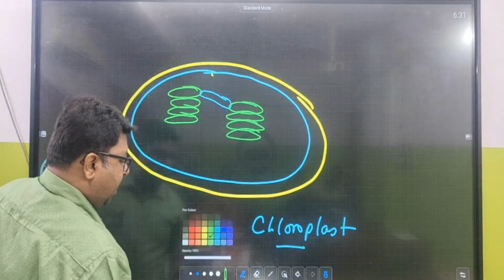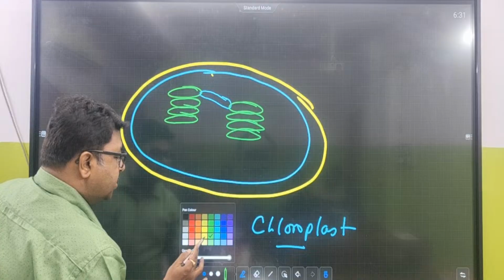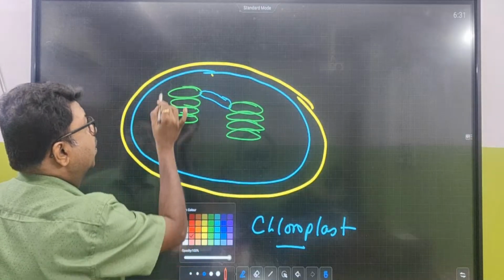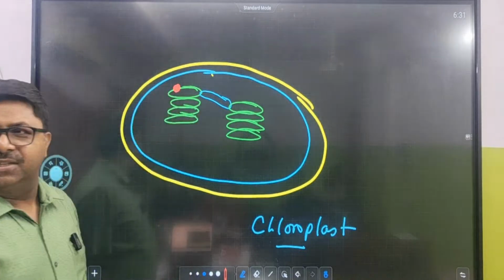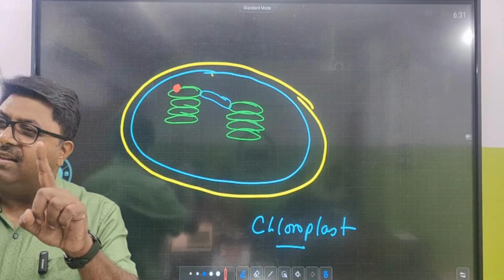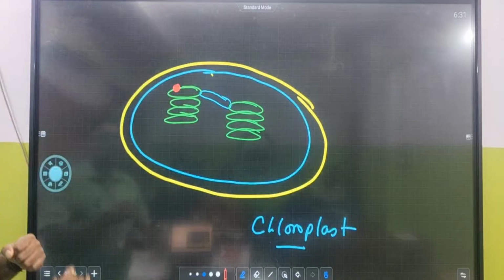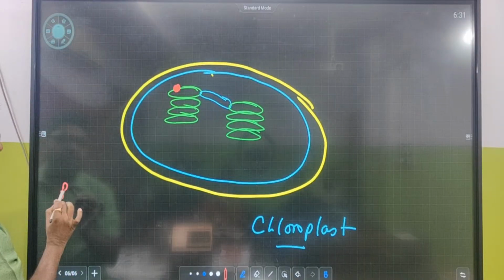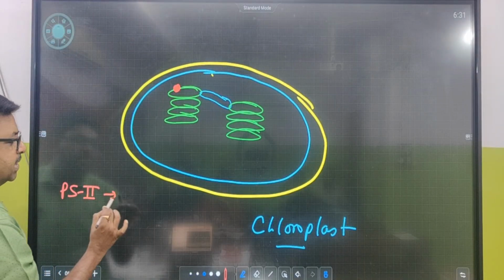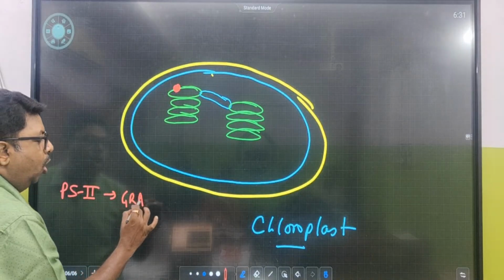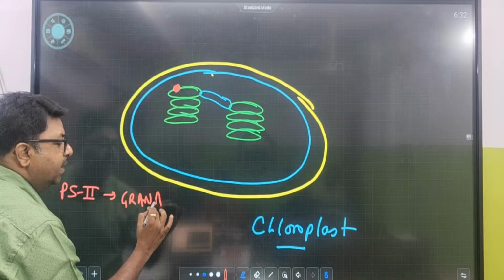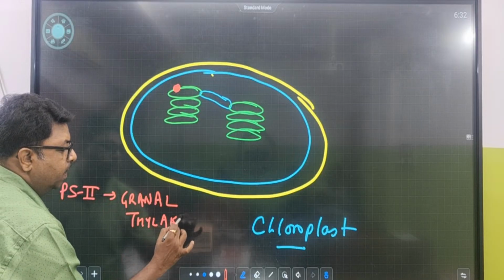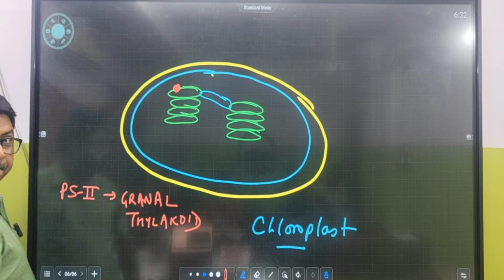Fine. And you know what? Where is the location of PS2? PS2 is present over here on the granal thylakoid. Let me write it over here. PS2 present where? On the granal thylakoid.